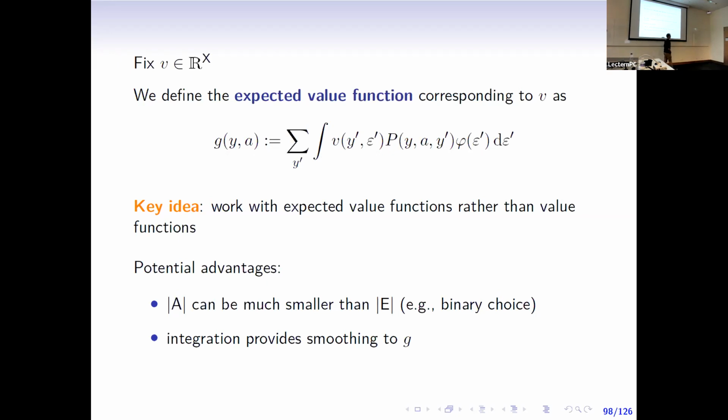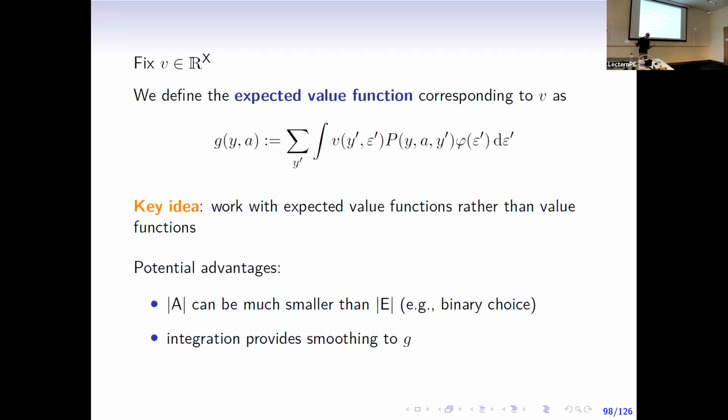And as John mentioned, these shocks might be high-dimensional objects, and therefore the set of possible shocks might be very large, whereas the set of possible actions might be small. It might be a binary choice problem, or maybe there's 3 or 4 choices. So potentially making this switch is going to shift us down to a lower dimensional problem.